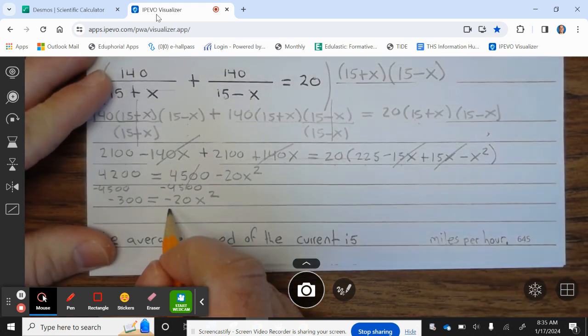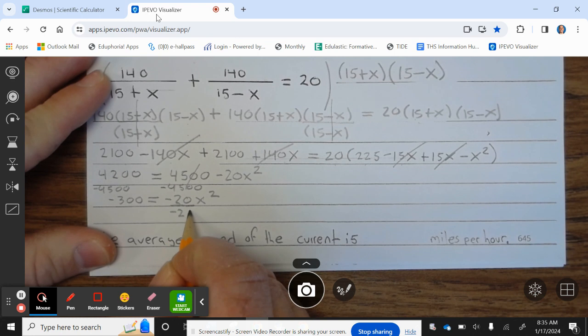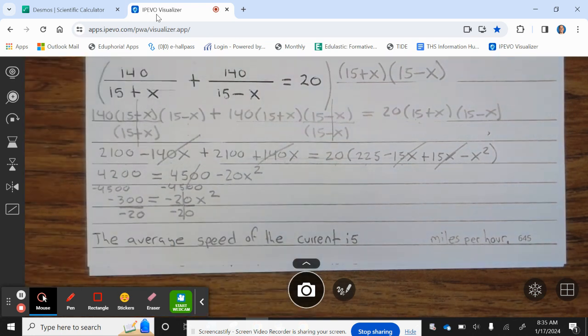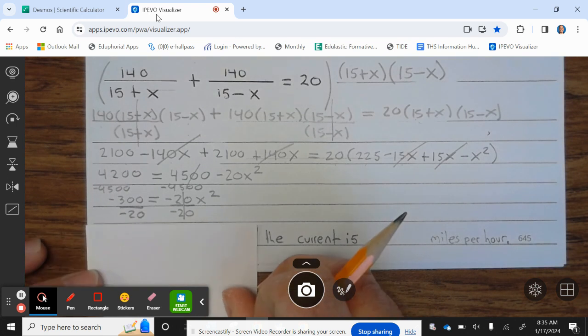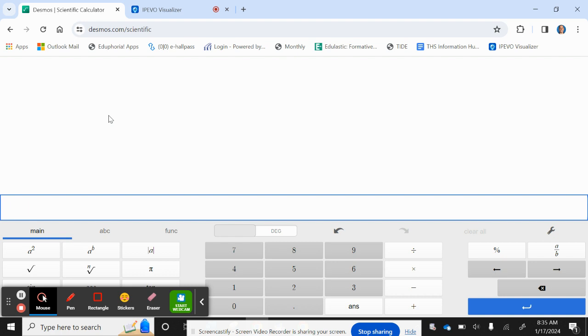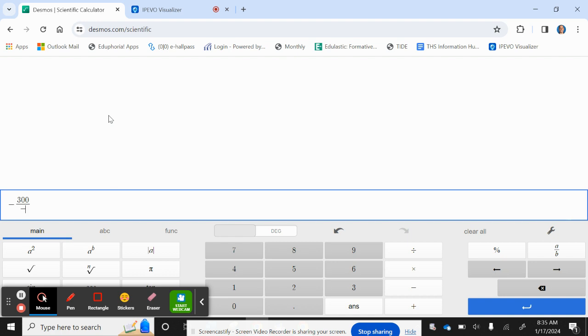We're going to divide both sides by negative 20. This divided becomes 1. So negative 300 divided by negative 20 is 15 equals x squared.